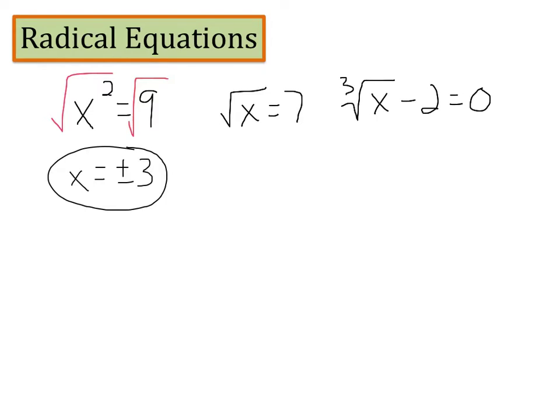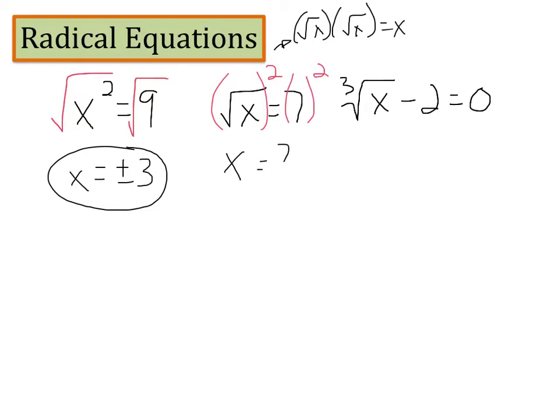Now to get rid of the radical symbol, I have to square both sides. That eliminates this radical symbol here, and I'm just left with x, because the square root of x times the square root of x is just x. So I have x equals 7 squared, so x equals 49.